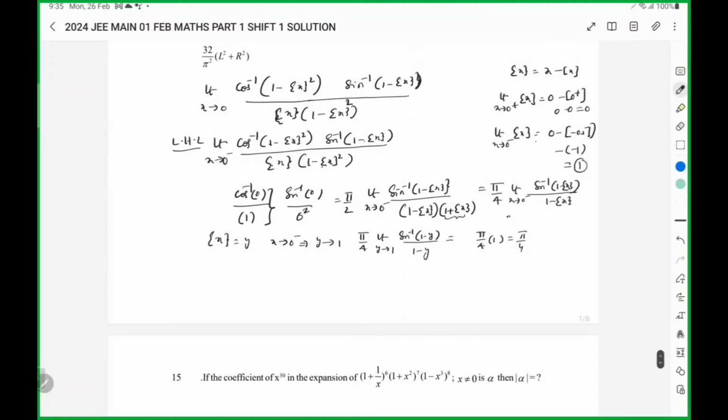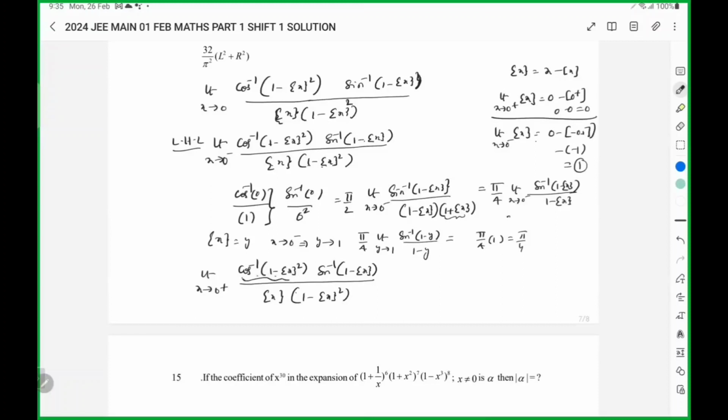So regarding the right limit, x tends to 0 plus, cos inverse of sine inverse 1 minus fractional part of x by fractional part of x into 1 minus, where we don't get 0, we get a number. x approaches 0 plus, it is 0.